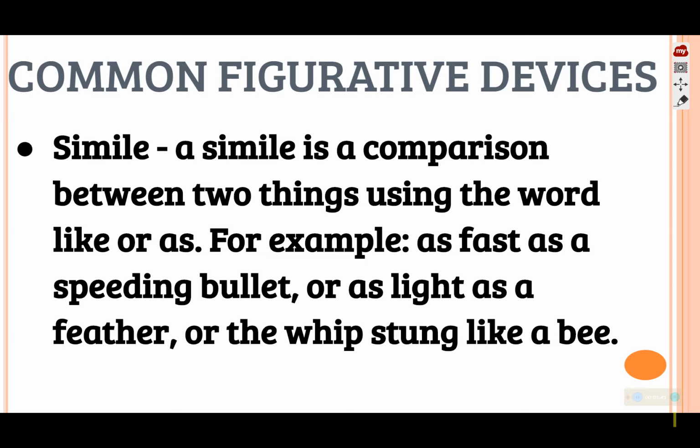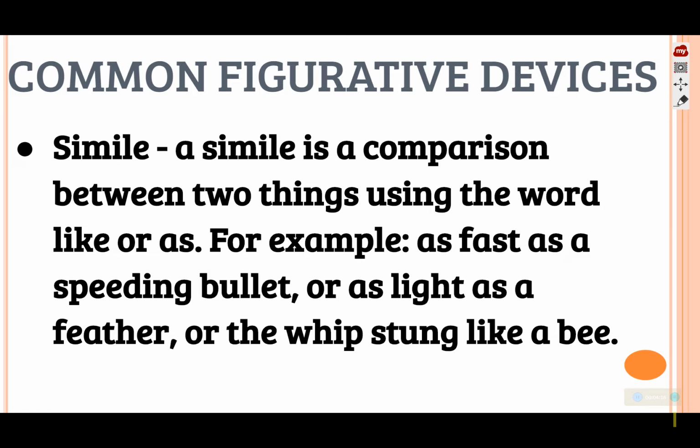Now we're going to look at some common figurative devices. The first one that is very familiar to most students by standard 4 and 5 would be the simile. A simile is a comparison between two things using the word like or as. For example, as fast as a speeding bullet, or as light as a feather, or the whip stung like a bee.